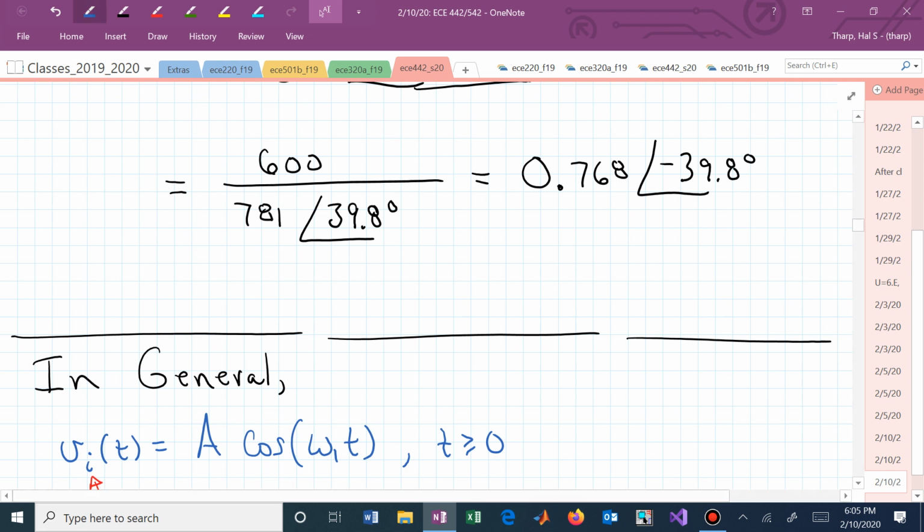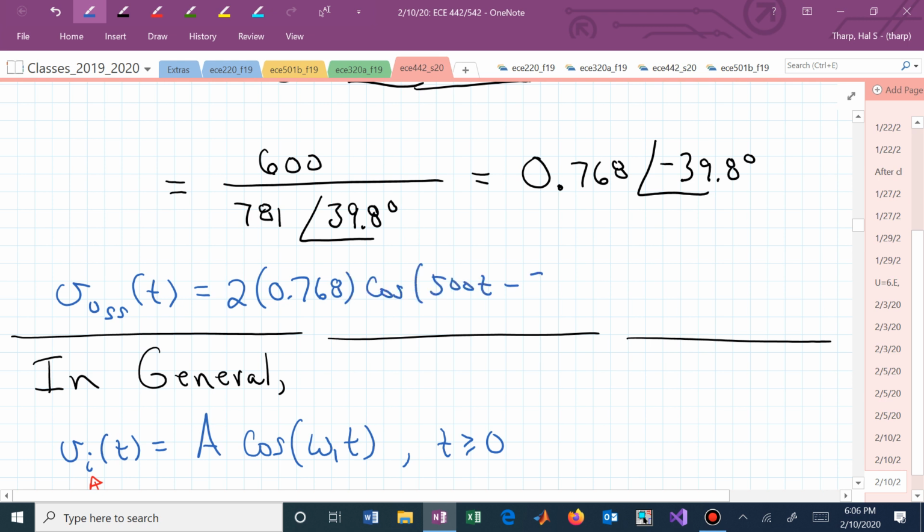In fact, now we can write down v sub o, the output in sinusoidal steady state, is going to be 2 times 0.768 cosine 500t minus 39.8 degrees. The convention is to mix the units in the argument of the cosine.